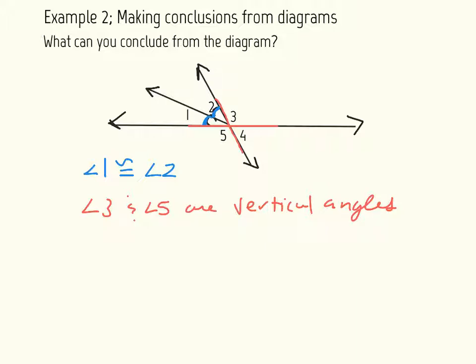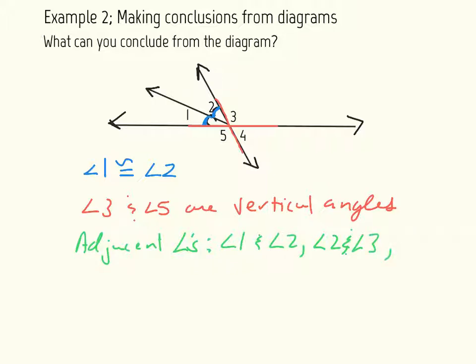What else can we say? We can find adjacent angles. Well, there's a lot of those. So let's look through for some adjacent angles. Angle 1 and angle 2 are adjacent. Angle 2 and angle 3 are adjacent.